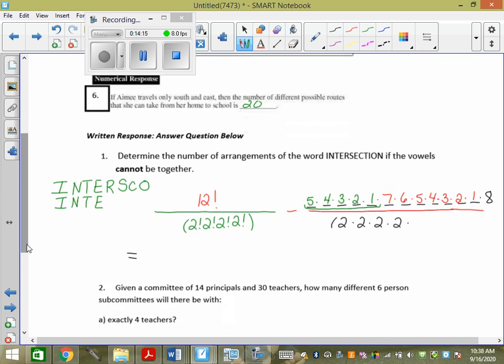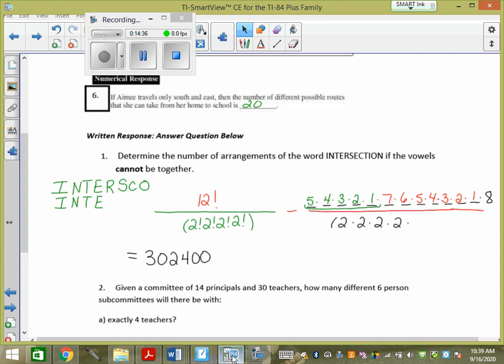Can someone do this? Can you get an answer? $302,400. Oh wait, that was just the drawing. So the second one? First one. Okay. So we'll go.